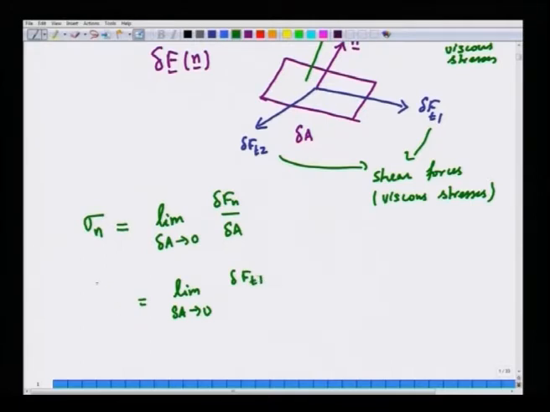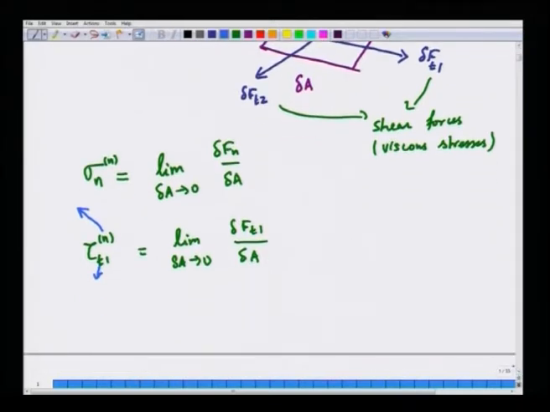Let me explain the notation. This denotes that you are considering a surface whose unit normal is in the n direction, and this is the tangential vector in the one direction, and that similarly there is also a tangential force in the other direction.